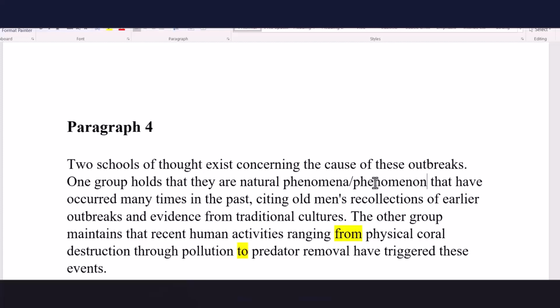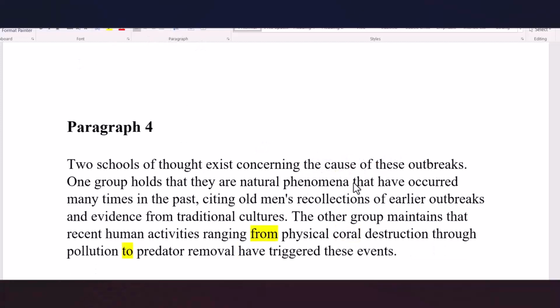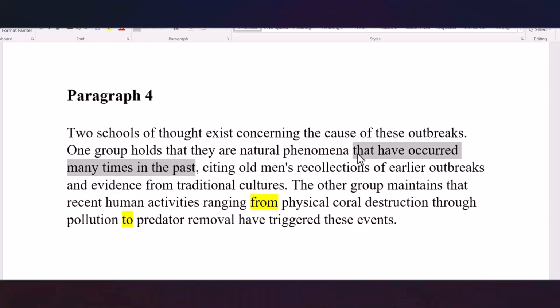Phenomenon, stress is on the letter N. Phenomenon. Phenomena. And the clause that have occurred many times in the past is a restrictive relative clause, which further pins down natural phenomena, this noun phrase.